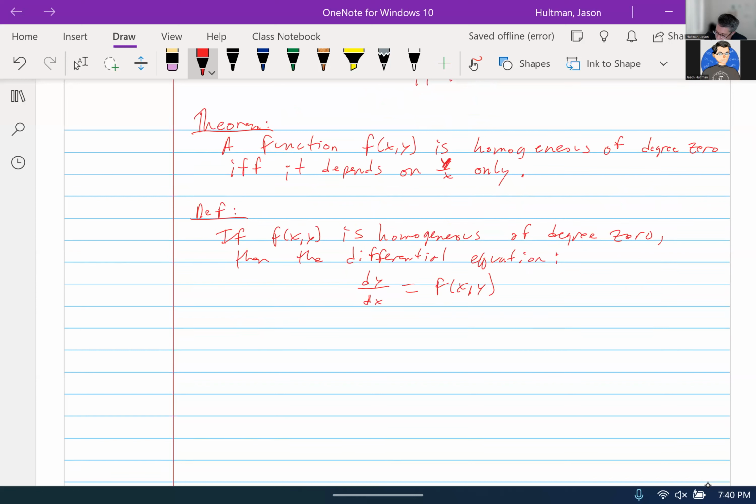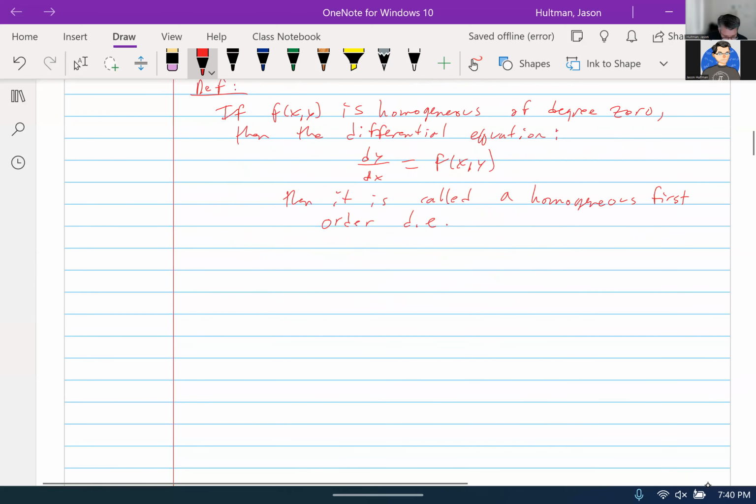So if we get dy dx equaling some homogeneous function, then it is called a homogeneous first order differential equation.